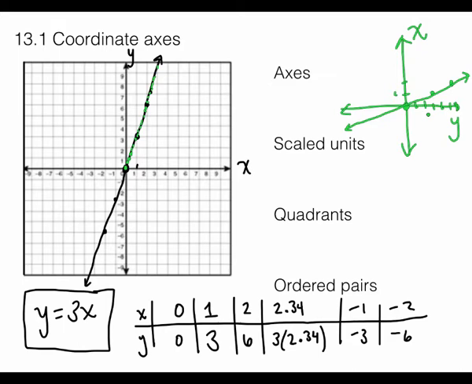Both the x and y axes had the same scale, meaning one tick mark corresponds to 1 in each direction, but there's nothing that says that they always have to, okay? So you could construct a graph where your vertical axis is scaled by hundreds and your horizontal axis is only scaled by 1, for instance.